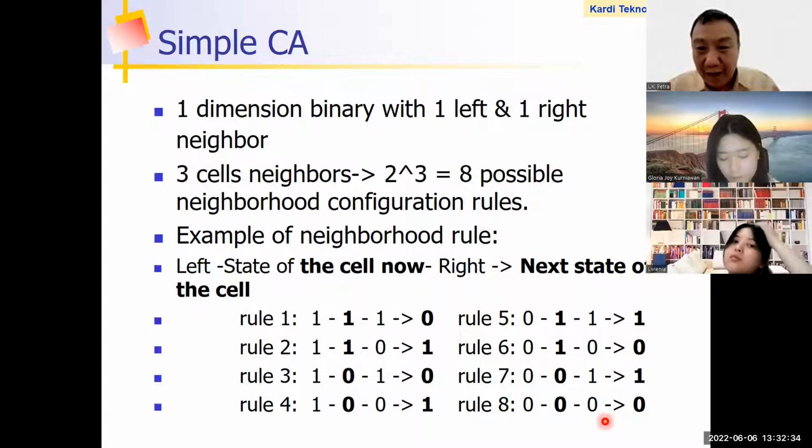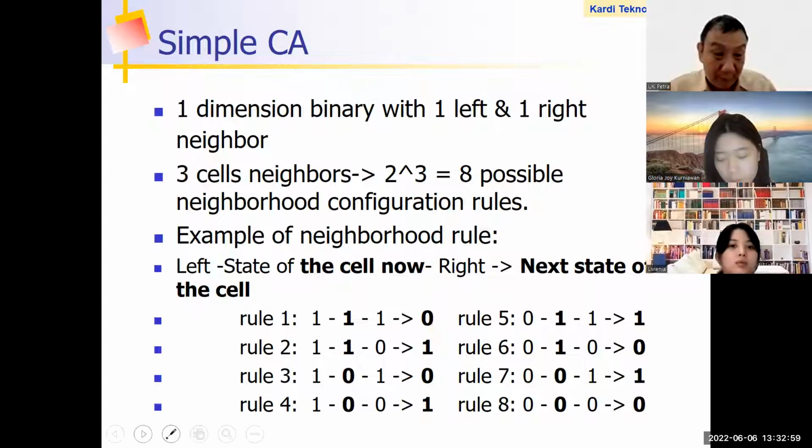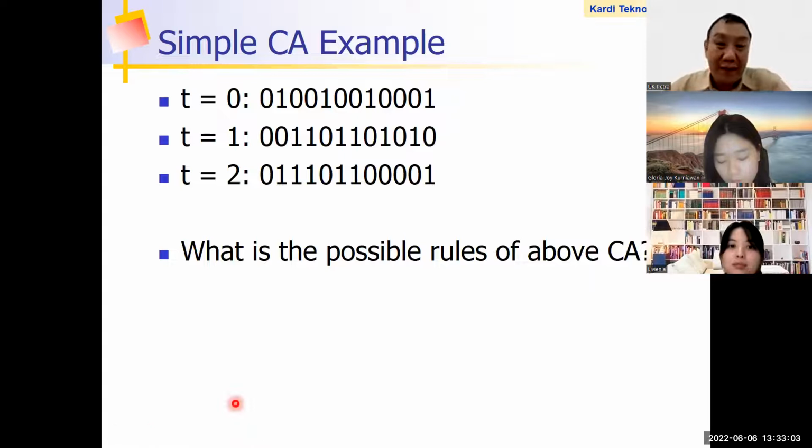And on the right side, you have the next state of the cell, meaning the center. Because there are only 256 rules, you can number them from 0, 1, 2, 3 until 255. Let's take an example here.